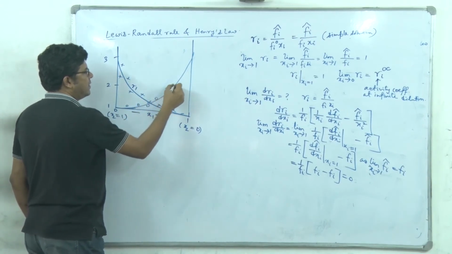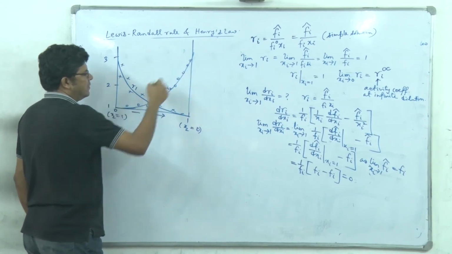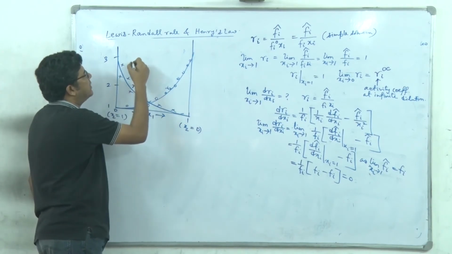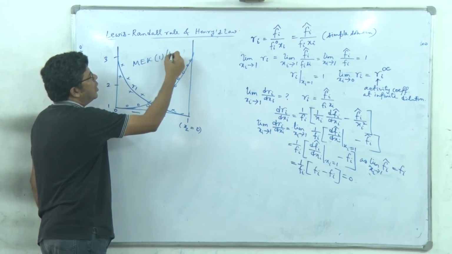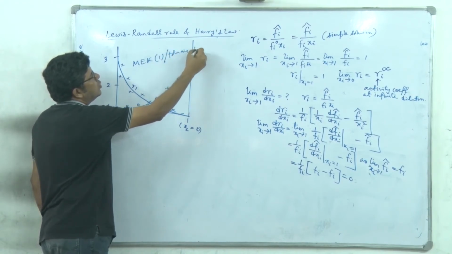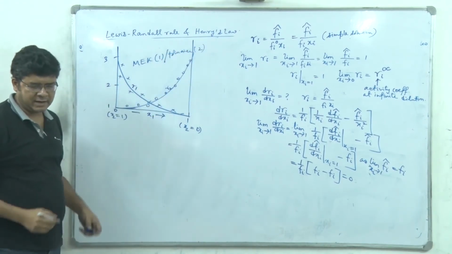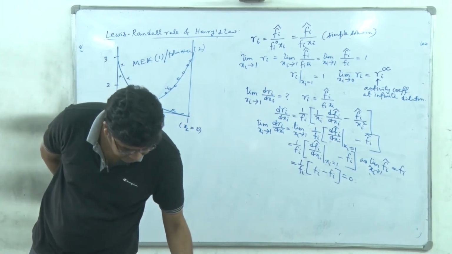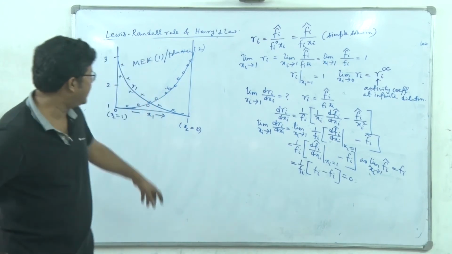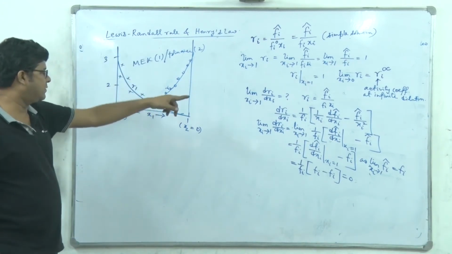So nearly, this is a crude representation of MEK and toluene. MEK is methyl-ethyl ketone, that's a typical binary system, methyl-ethyl ketone and toluene. For this system, we can establish it.